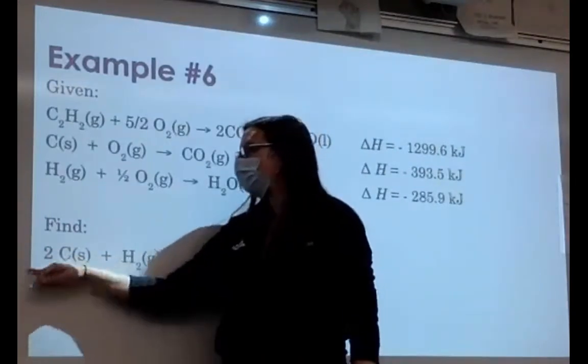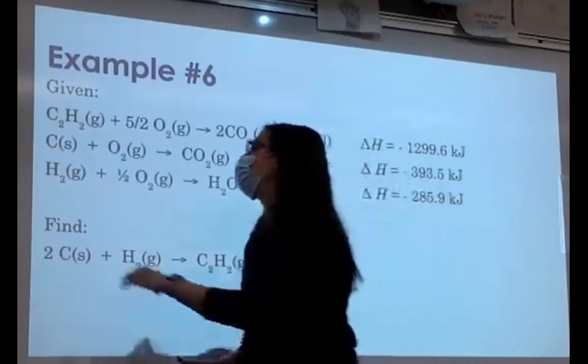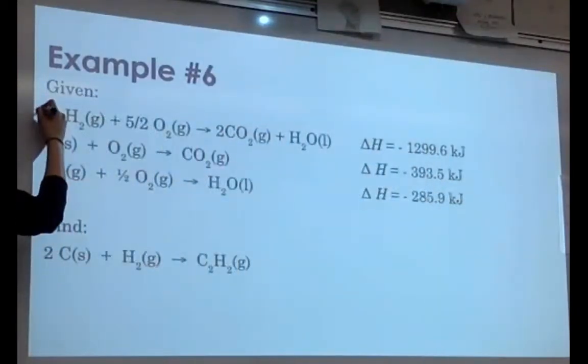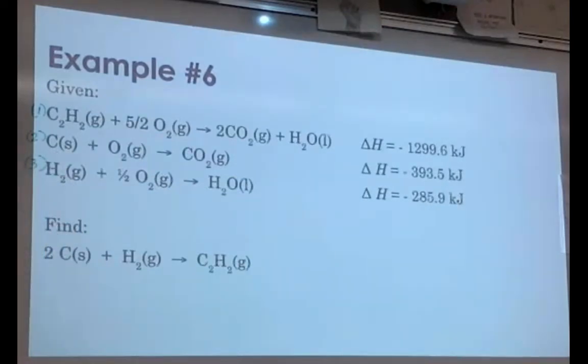I need 2 moles of carbon as a reactant. So I'm going to find the equation. I'm going to number these equations 1, 2, and 3. So as we talk about the equations, I could say equation 1 or equation 2 or equation 3. So I have 3 equations up here. The first thing I'm going to focus on is getting 2 moles of carbon.